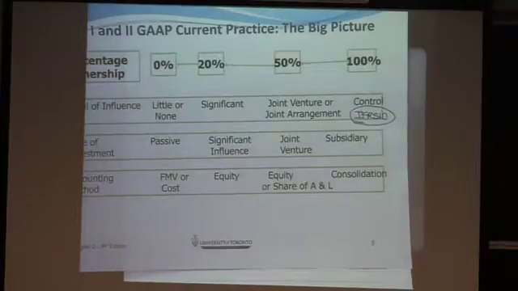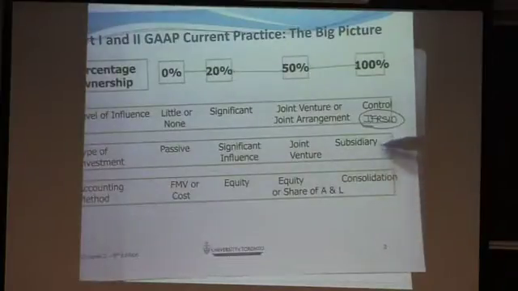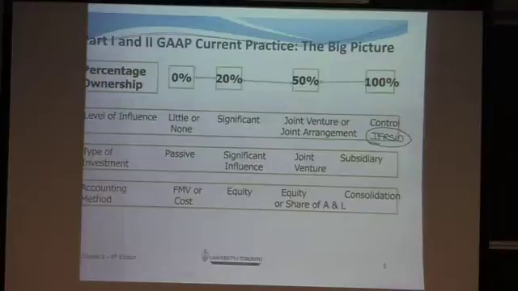I could own less than 50%, but still have other activities that give me that control, influence, exposure, and power over the investee. So that's the new definition, IFRS 10. And that means we have a subsidiary, and the accounting method is consolidation. That's the only choice.